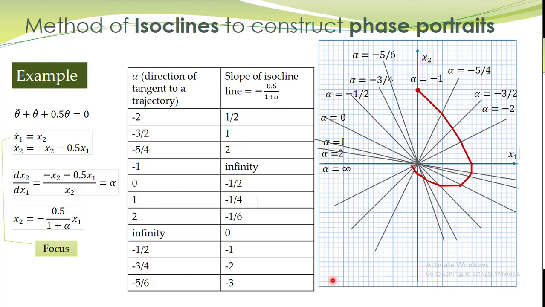So what is behavior of this system? It is a focus. If you draw more lines, this spiral will finally converge to this equilibrium point. So the equilibrium point at origin is a focus, and there will be oscillatory response of the system.